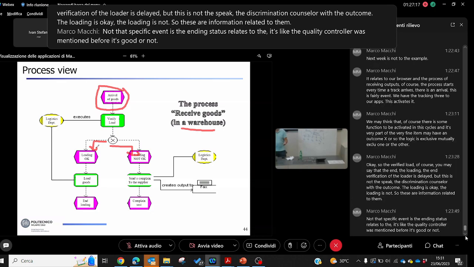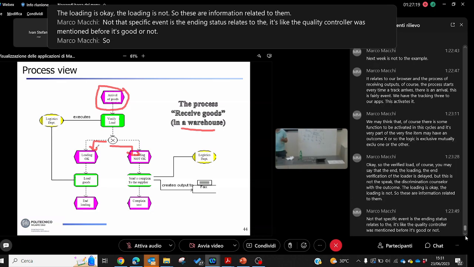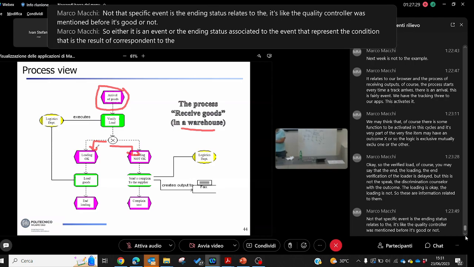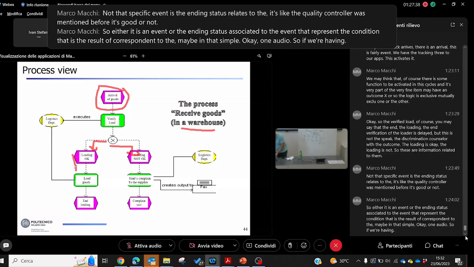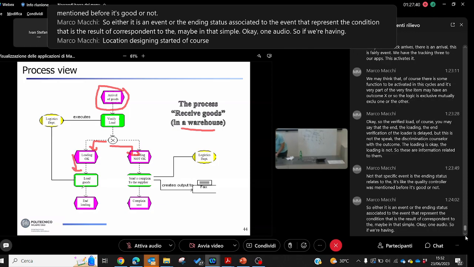Clear? So either it is an event or the ending status associated to the event that represents the condition that is the result corresponding to the event may be in that symbol. Okay, one or the other. So if we're having a loading occasion, this ending status, of course, triggers the load codes and we're having the end loading.